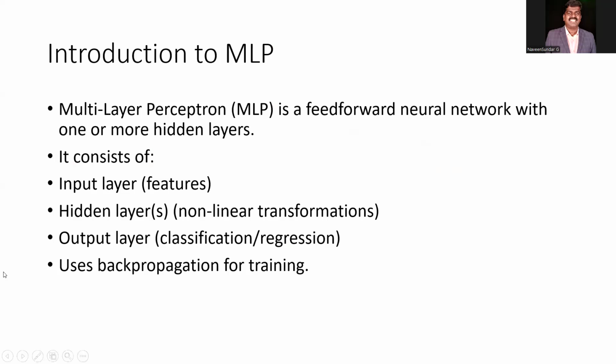It has the input layer, which we call the features, and the output layer, which is the target, where a classification or regression method is used to classify the final target. The hidden layers are non-linear transformations. We use back propagation for training, changing the weights to improve the accuracy.